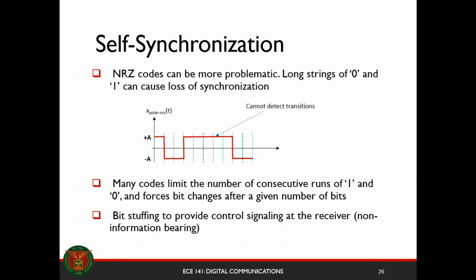If you have a long string of zeros or a long string of ones, there are no transitions, and note that transitions create synchronization, so we can lose our synchronization since we cannot detect any transition in the signal. The upside to that is it has less bandwidth.